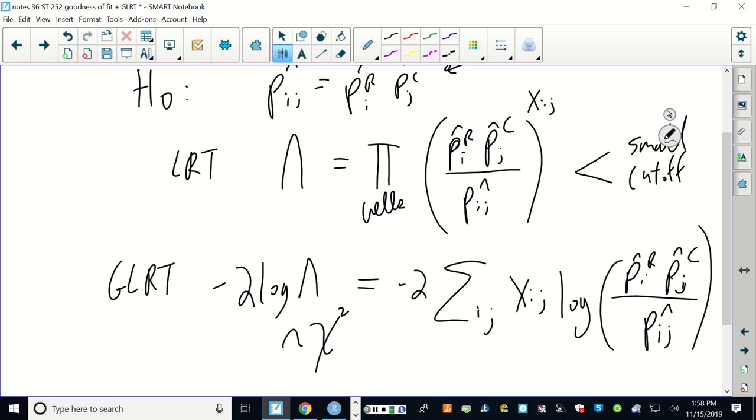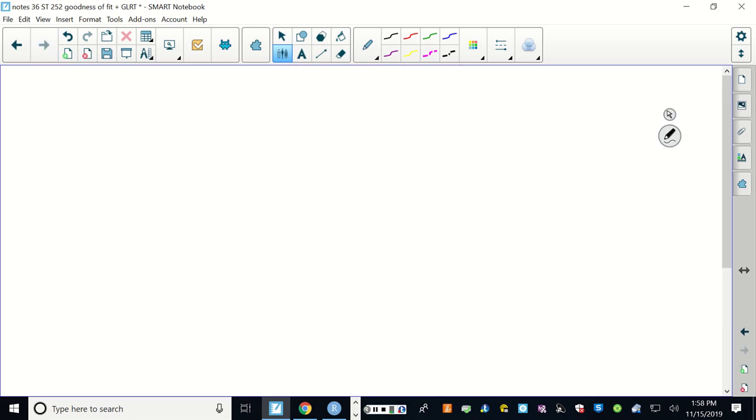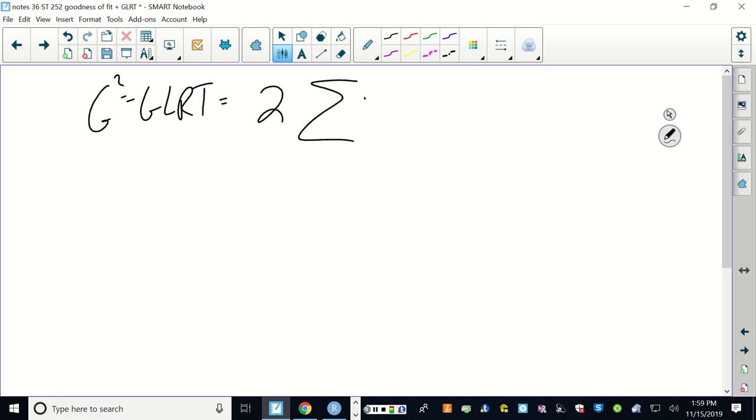So an equivalent way of writing this, this G squared, this generalized likelihood ratio test statistic, is 2 times the sum of the xij's times the log of the xij's over the expected values. So observed is the xij's, and this is the expected under independence.